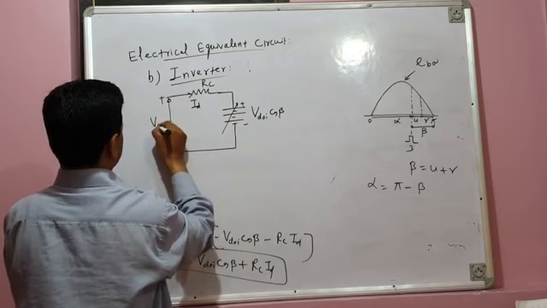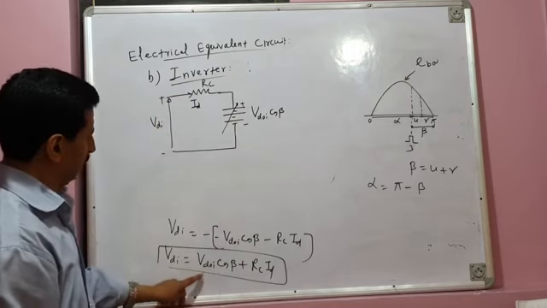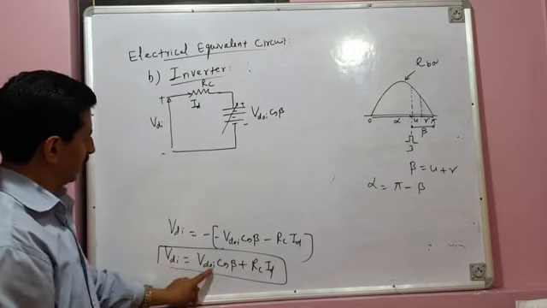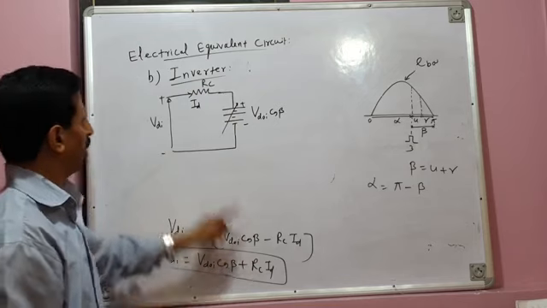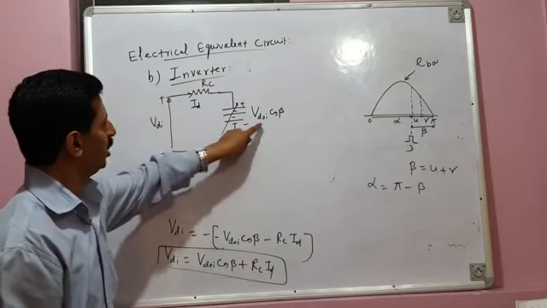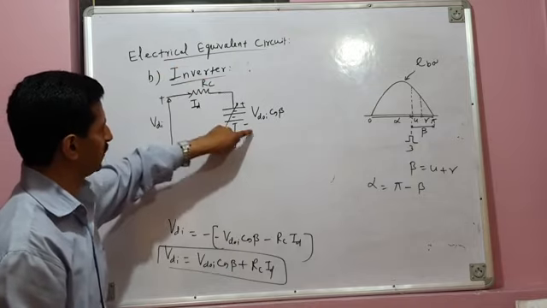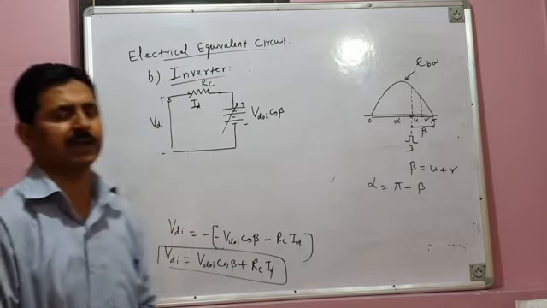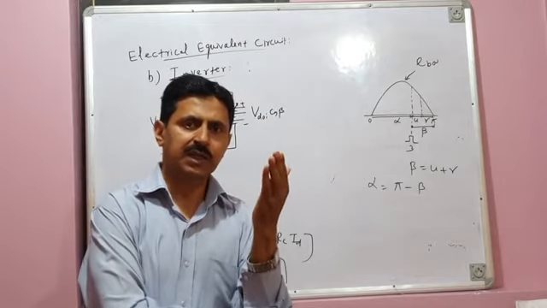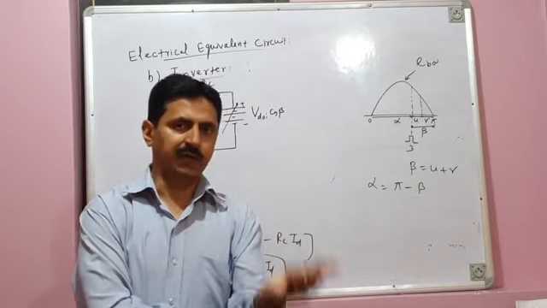And this is VDI. So you can see from this equation, what is VDI? It is VDOI cos beta plus this drop. So VDI is ID RC plus VDOI cos beta. So this gives electrical equivalent circuit of converter operating in the inversion mode.